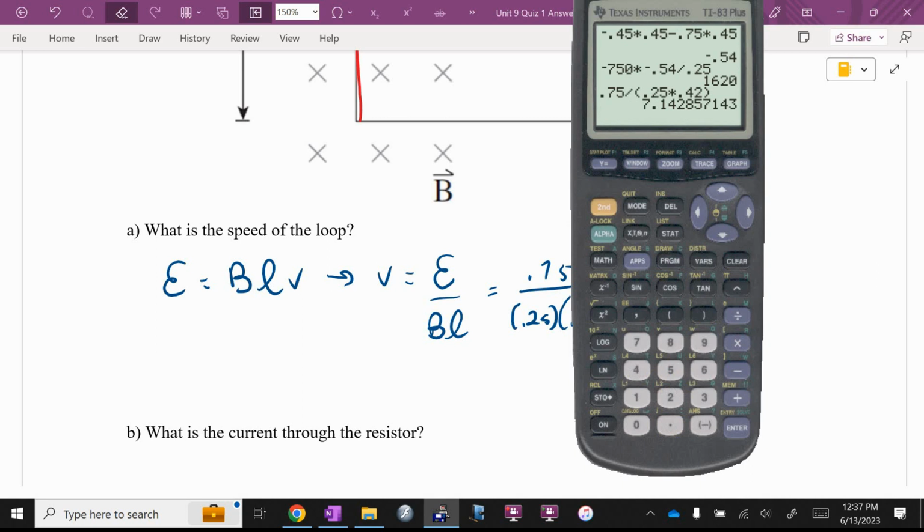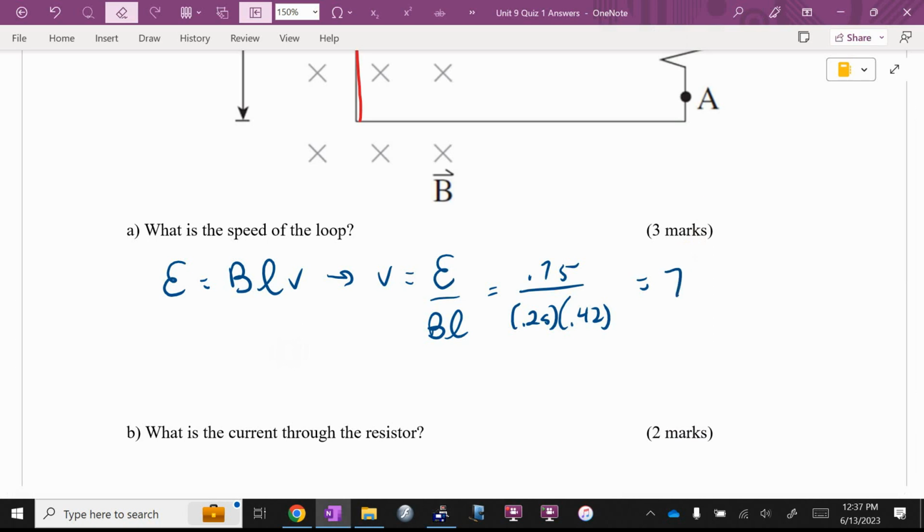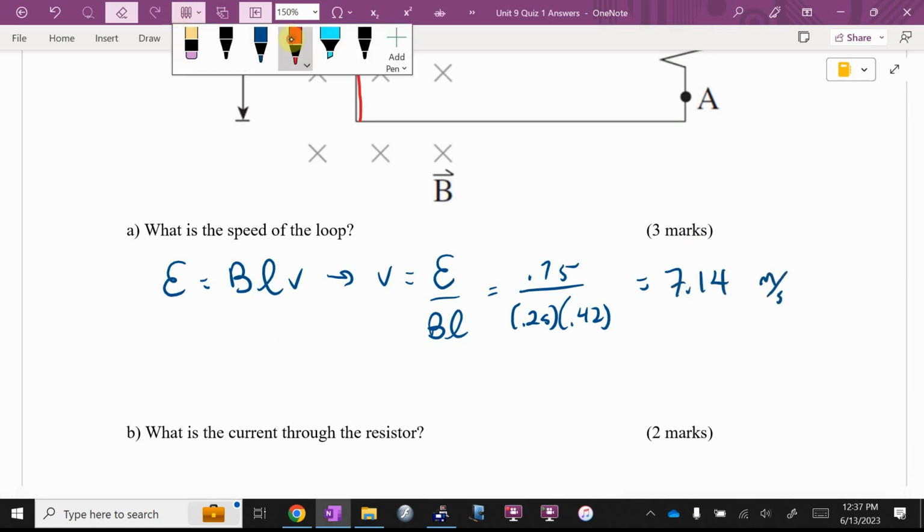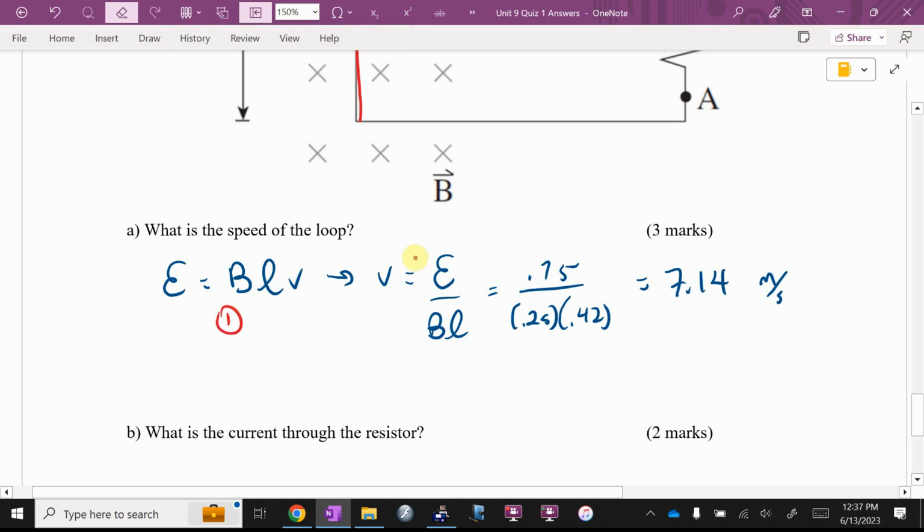And I get a speed of, is it 7.14 and change? People nodding? 7.14 meters per second. 1 mark for getting the V by itself, and 1 mark for the answer.